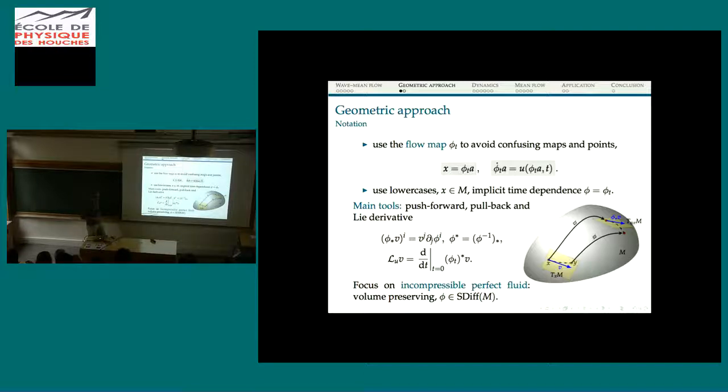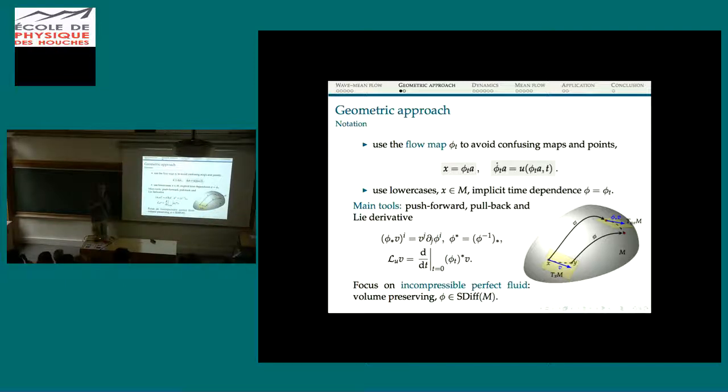Now, I'm going to deal completely with incompressible fluids. And so in this case, what you have to understand is that the configuration space of fluid dynamics is the space of all the maps here, the flow maps, or diffeomorphisms, because they are smooth and invertible, which preserve volume, right?